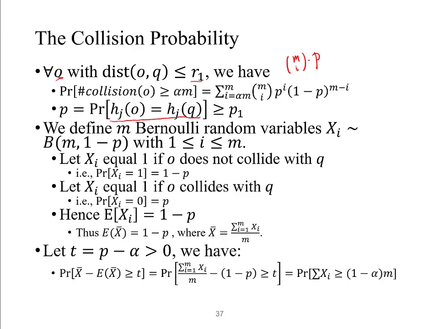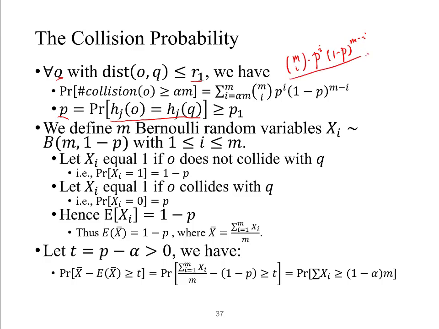times the probability that h_j(O) equals h_j(Q) for any hash function, which is denoted as P. So for the I hash functions, they collide with the query, and for the remaining m minus I hash functions, they do not collide with the query.